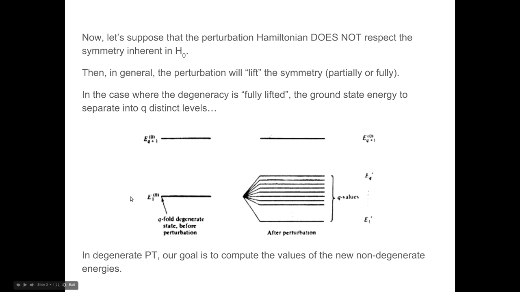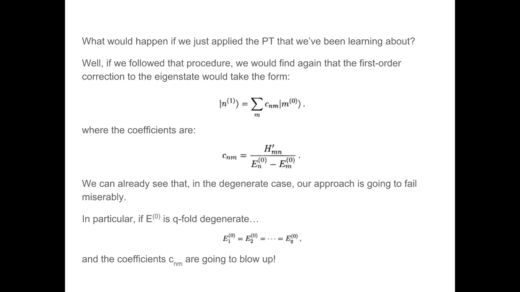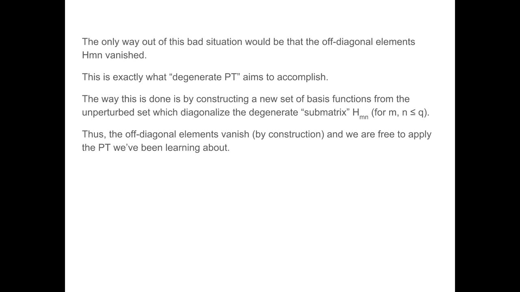It's only this part that we would have to do something new to. That's why I call it the submatrix, because it's only a small part of the Hamiltonian matrix. Sometimes I'll talk about the subspace, but it all means the same thing. It just means we only have to mess with the part of the Hamiltonian matrix that's degenerate.